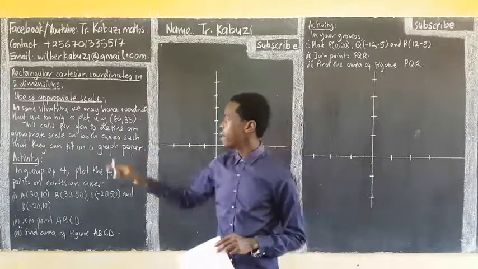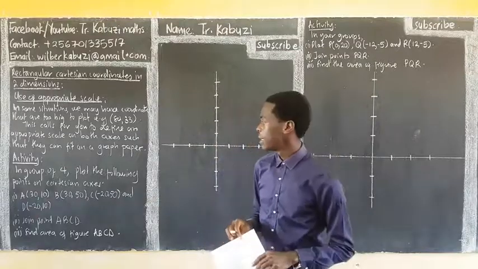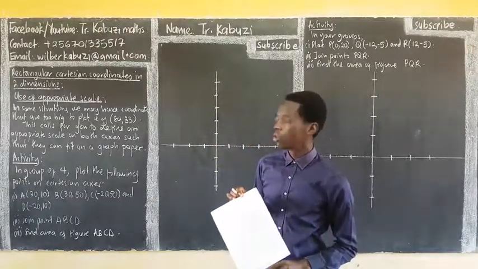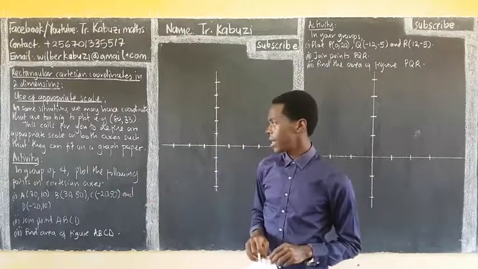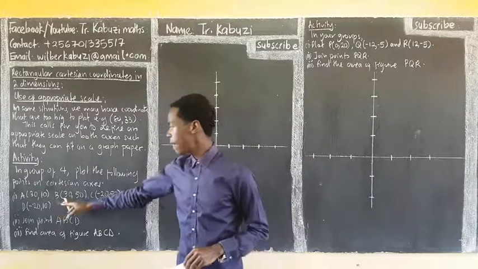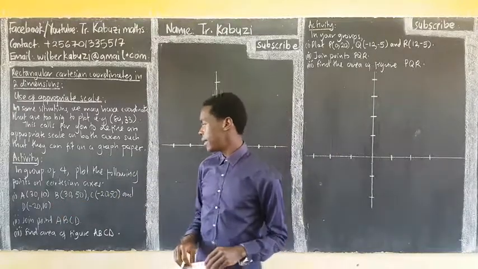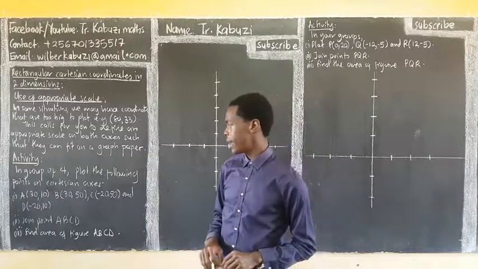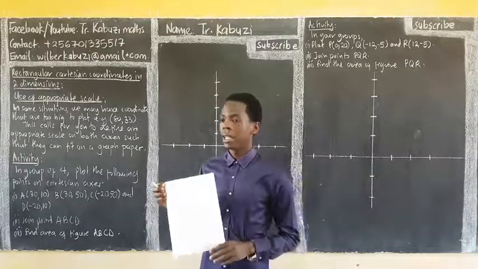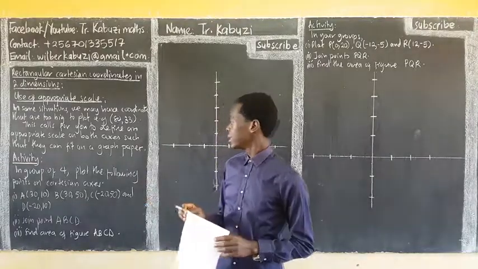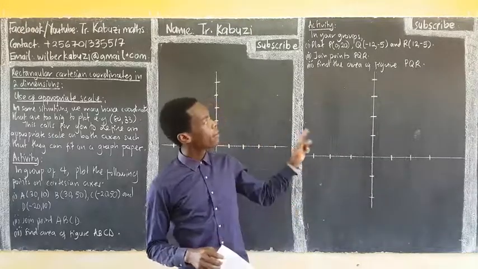So I'm going to give you this. You are going to do it in groups of 4. I want 4 people in each group. Plot the following points on the Cartesian axis. You have A, B, C, and D. Then find the area of A, B, C, D. We are having 10 minutes for this, and the same for this also.